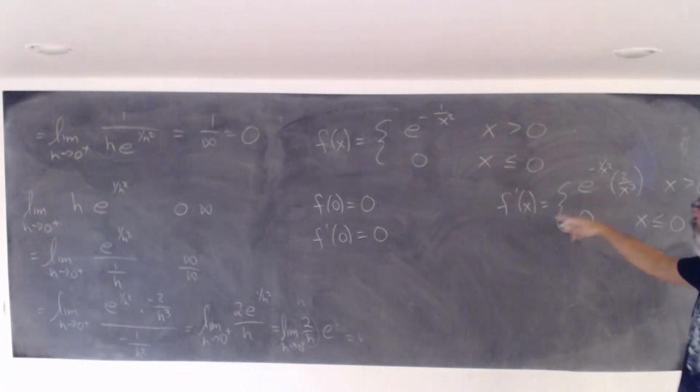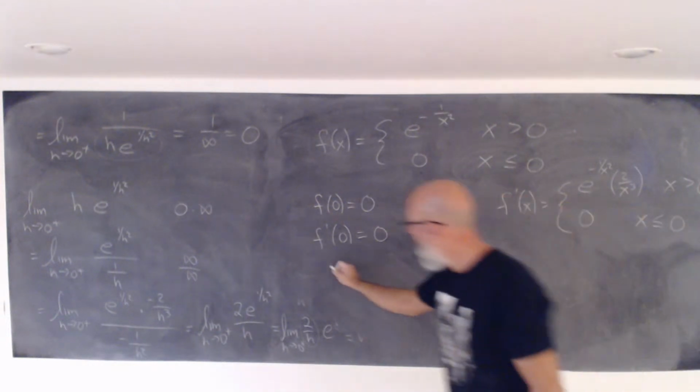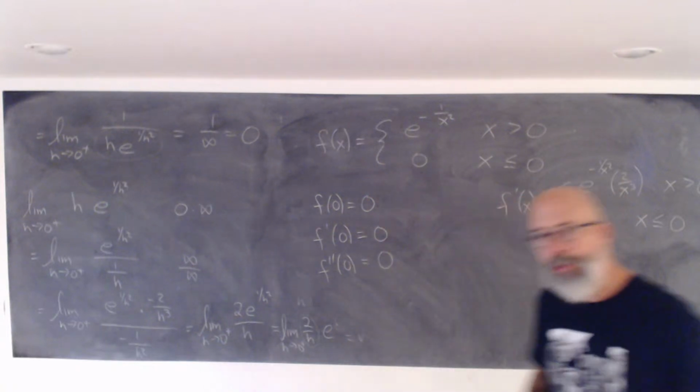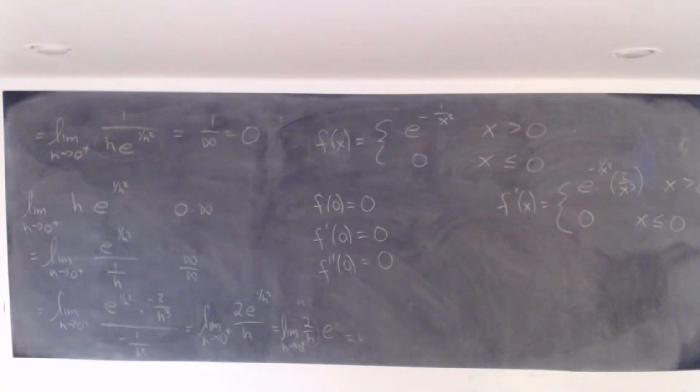And now you can show that this derivative function is also continuous at 0 and also differentiable at 0. And it turns out that its derivative is 0 as well. And in fact, all the derivatives turn out to be 0. So this function has a Taylor series which is 0.